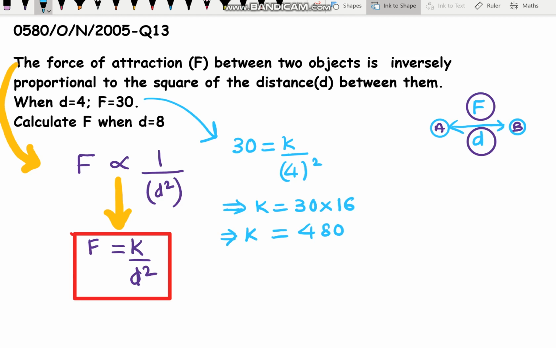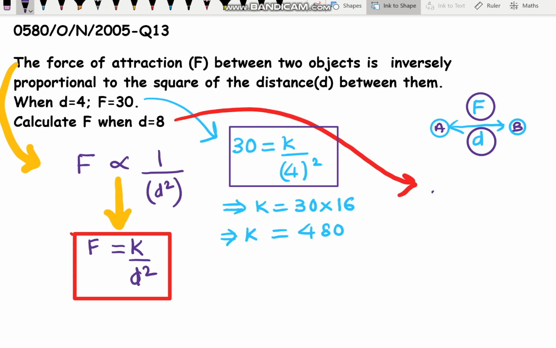After doing this, what's the next thing? The next thing obviously is to calculate F when d is 8. So again I use the standard equation.